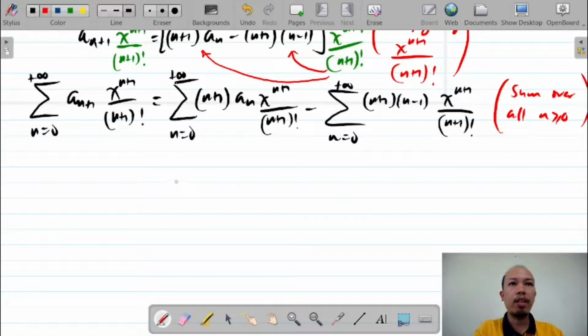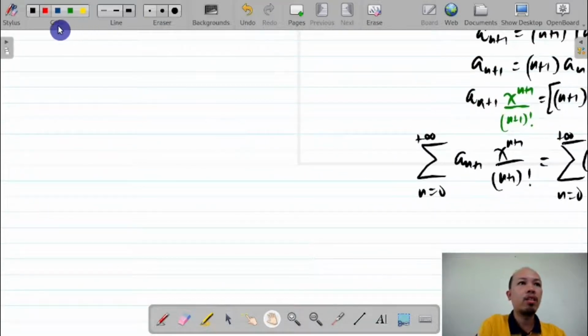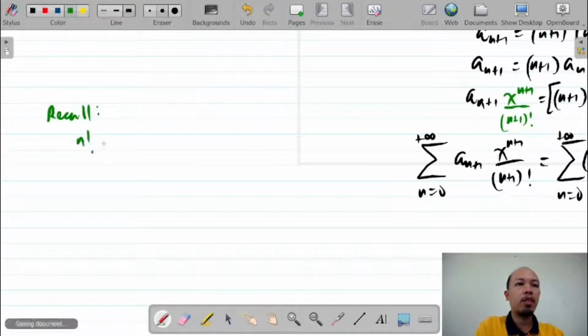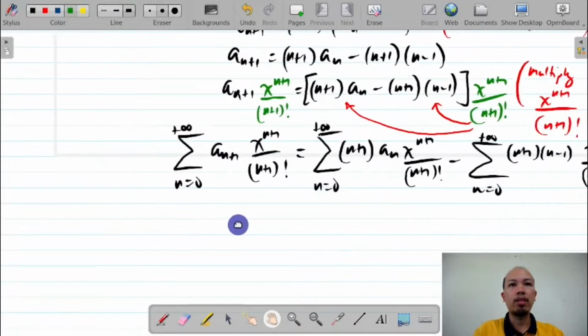Notice that the first term on the right hand side, I don't know if you recall the definition of the factorial. Recall that n factorial is equal to n times n minus 1 factorial. Okay, so you can extend it more depending on the situation.